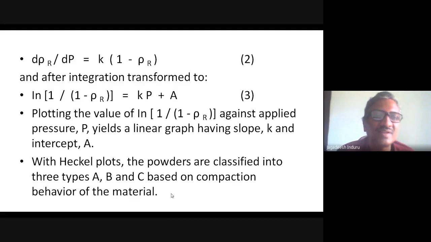This is what you get by determination of K and A. So with the Heckel plots, the behavior of all the materials, most of the materials which we are using in pharmacy, Heckel has made the plots and categorized all our pharmaceutical powders into 3 categories. One is type A, type B, and type C.